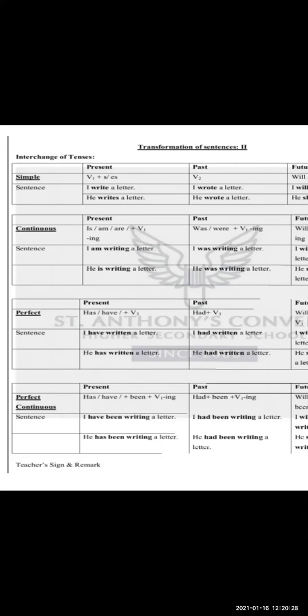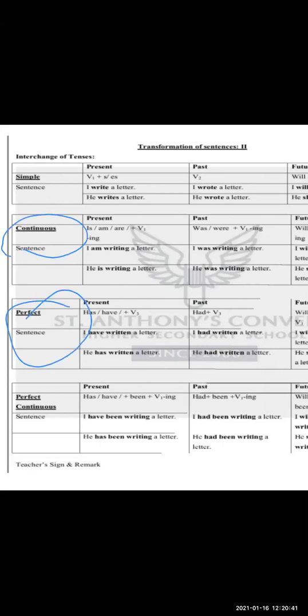Before, we saw the continuous sentence and perfect sentence separately. When we saw them separately, I told you continuous sentence means the action is going on, not completed. And in the perfect sentence, our action has already happened.